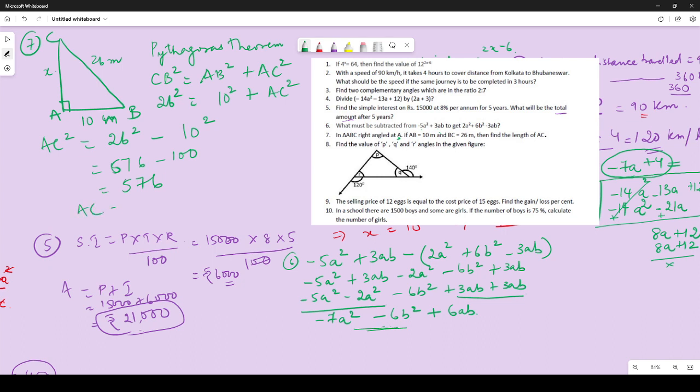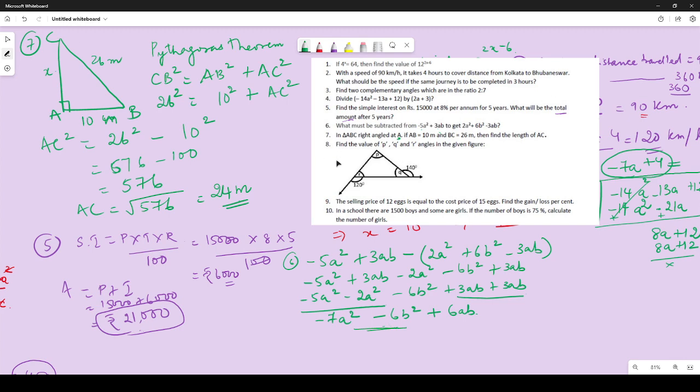Now AC will be equal to under root of 576, and we know that 576 is the square of 24, sorry, not centimeters but meters. So the answer would be 24 meters.